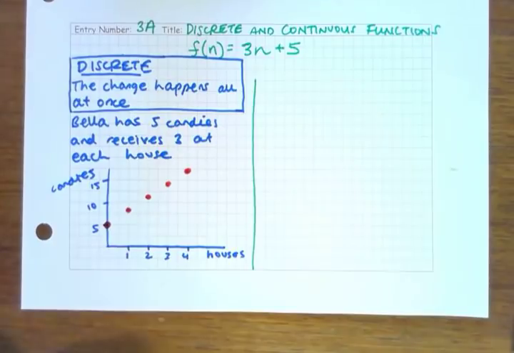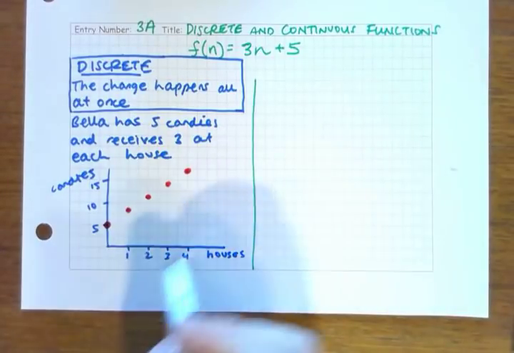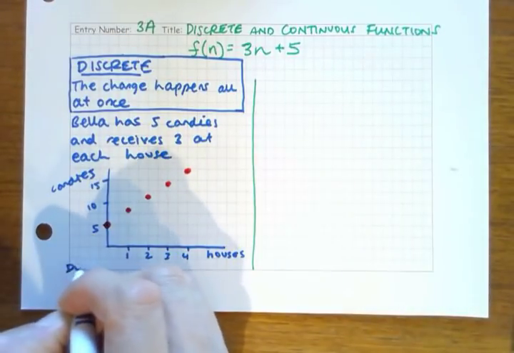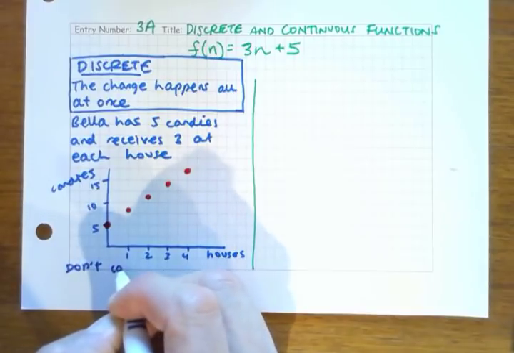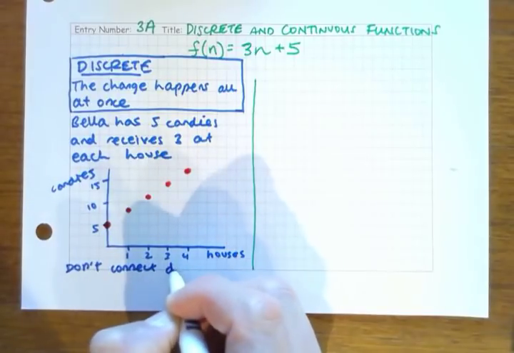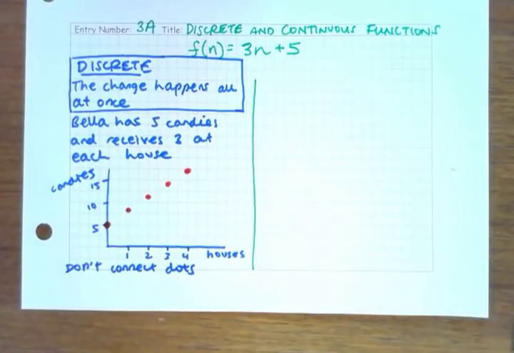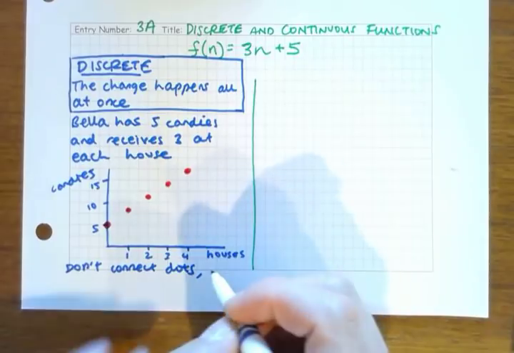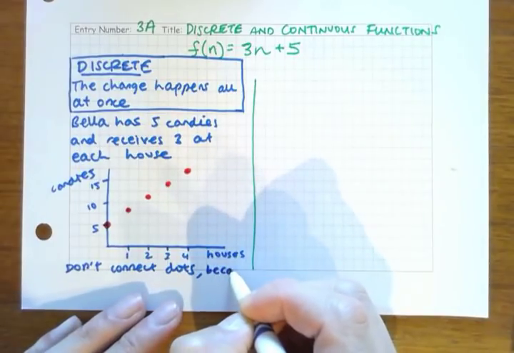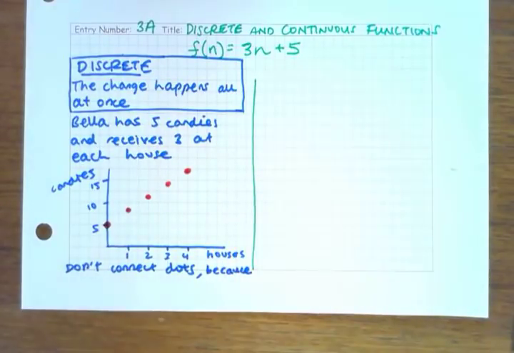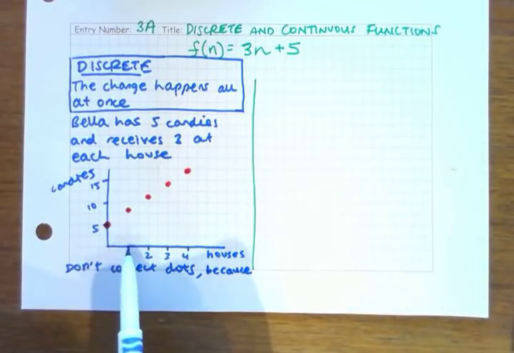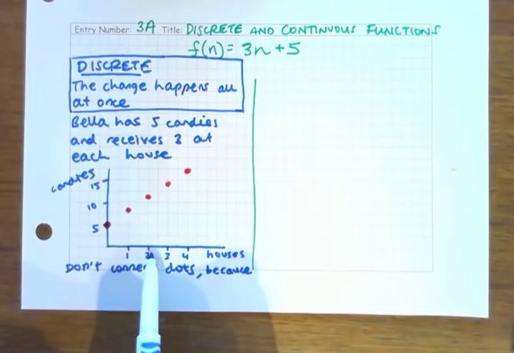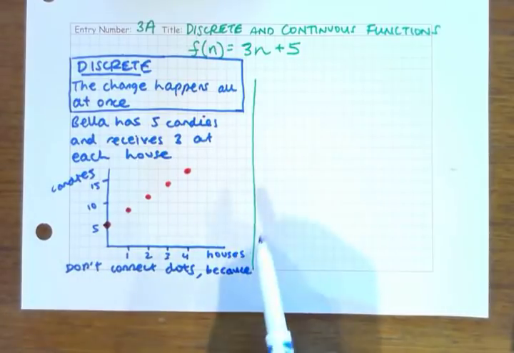And in this case, if it's discrete, we don't connect the dots. And the reason why we don't connect the dots is because she doesn't receive any candies in between each house. All of the change happens at the same time.